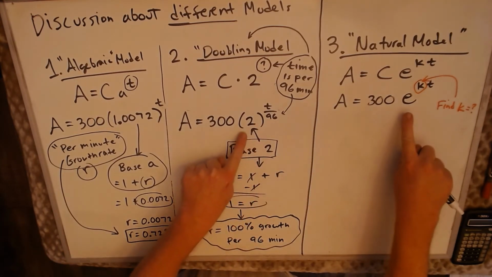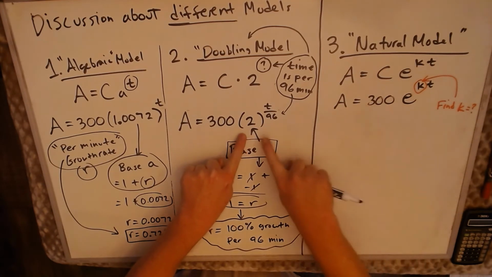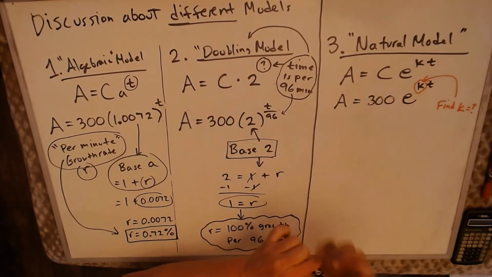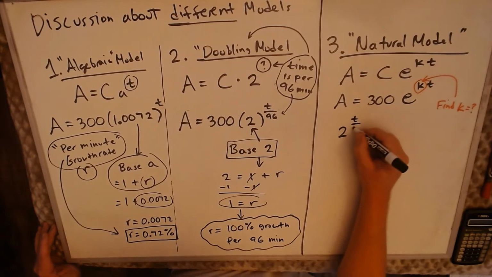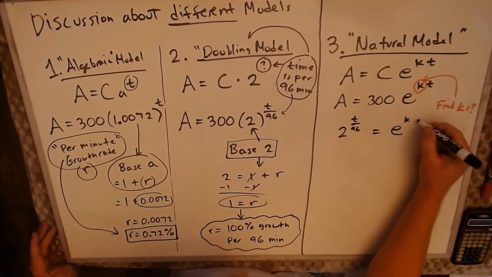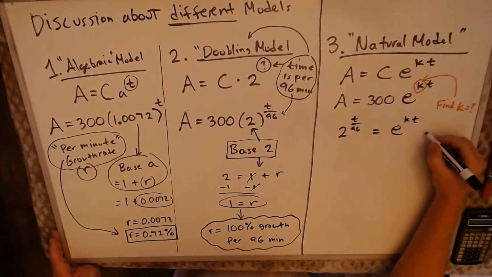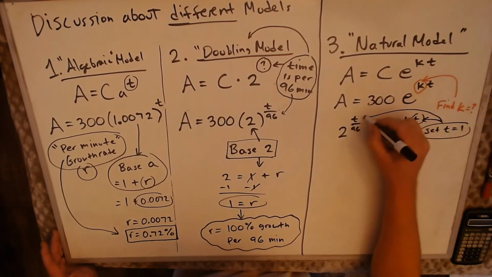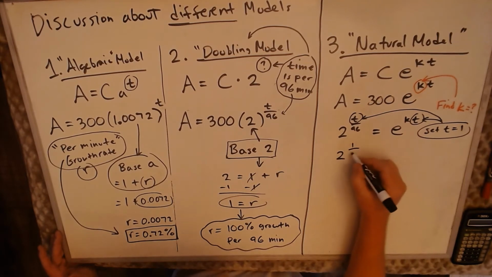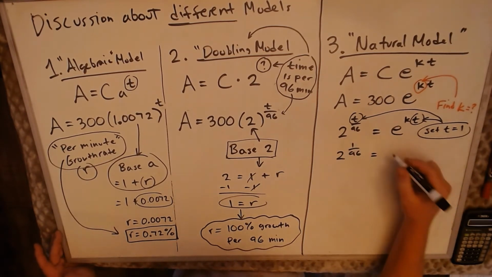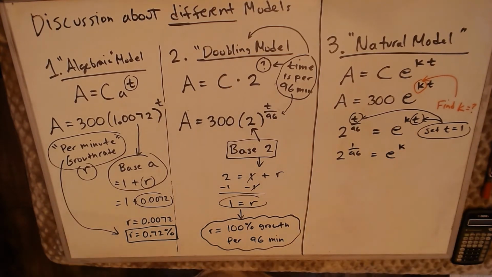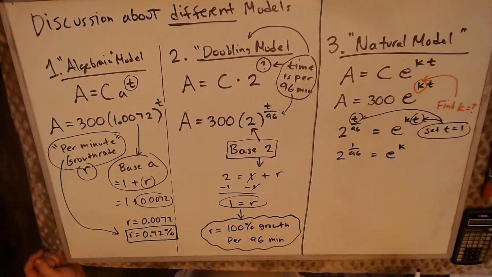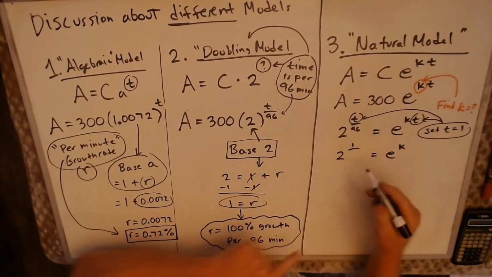We can compare these two, our doubling model and our natural model. You might as well just ignore the 300s. We're just going to set these equal to each other. And go ahead and set t equal to 1, just to be able to eliminate the variable t. Because if we know what happens after 1 minute, then we can certainly figure out all the other values later. So we're simply trying to find k, so we can just set t equal to 1. That makes our equation much easier to solve. We don't want to solve two variables at the same time.